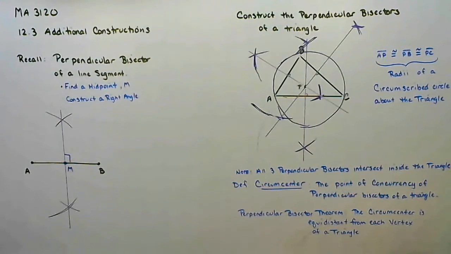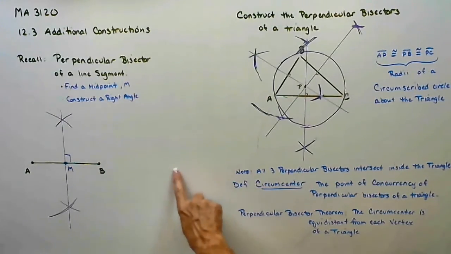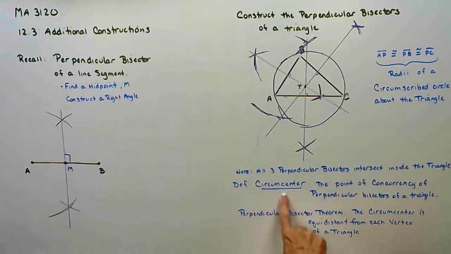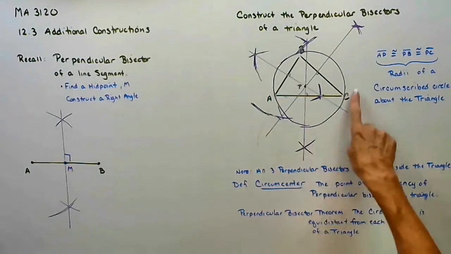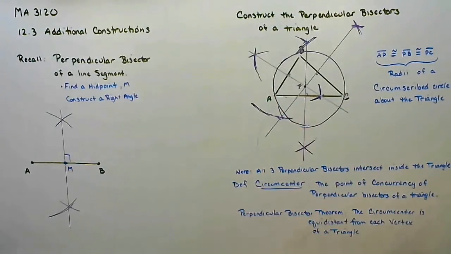So the incenter was inscribed. The circumcenter circumscribes. Those are on the outside. All right? And we'll investigate a little bit more with the lab that we're going to do. So try to do some of these constructions.